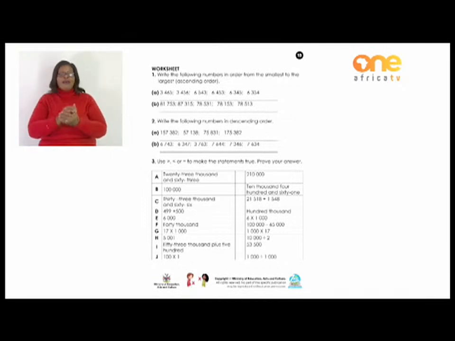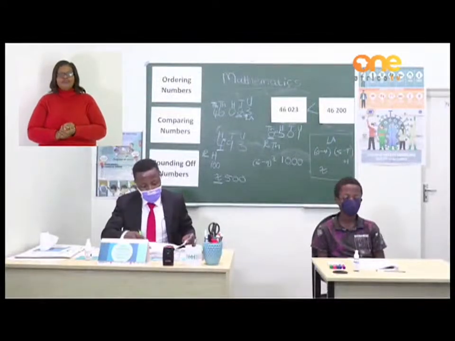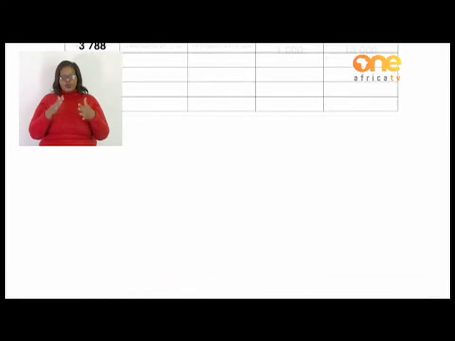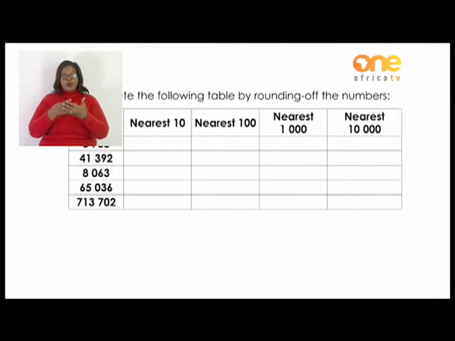Now we have to move to page 16, whereby number 4 is there. We need to complete the following table by rounding off the numbers. You need to round off these numbers. The first number is 3,788.